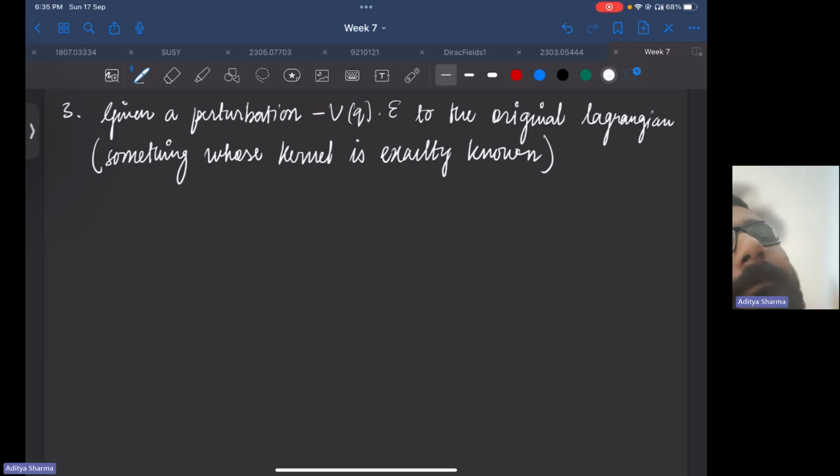We consider small perturbations and expand. And we see that we get a finite series and the Dyson series. This is the question.